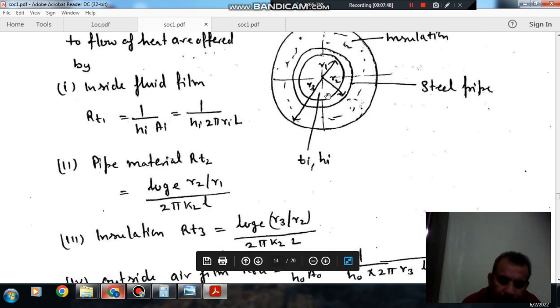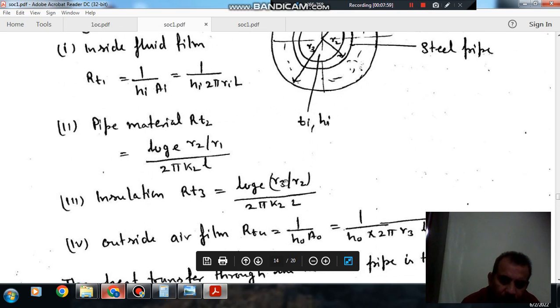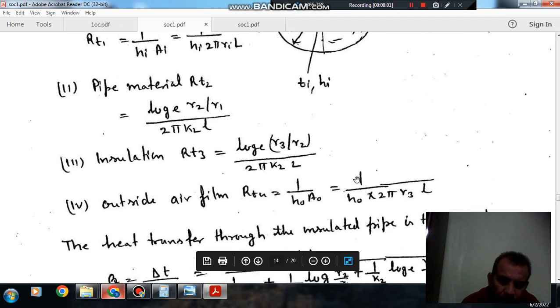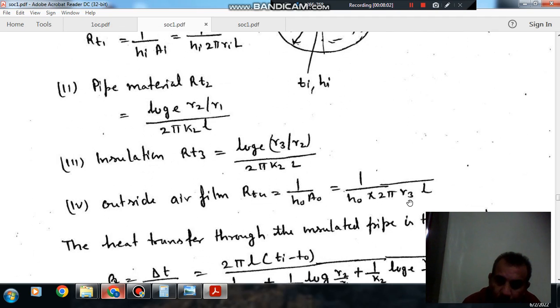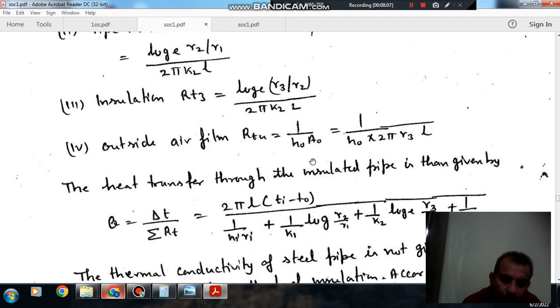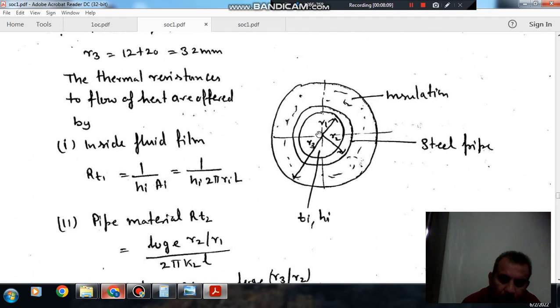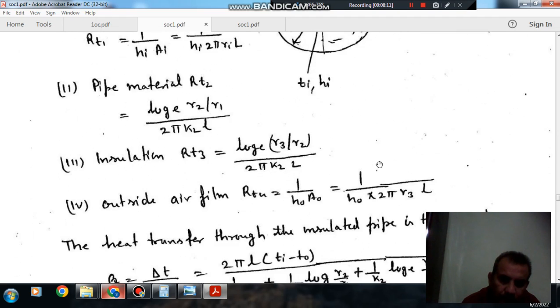For the insulation, the resistance is ln(R3 by R2) divided by 2 pi K2 L. And for the outside film, the resistance is 1 by Ho Ao, the outer area, 2 pi R3 L. Now the temperature difference is Ti minus To.